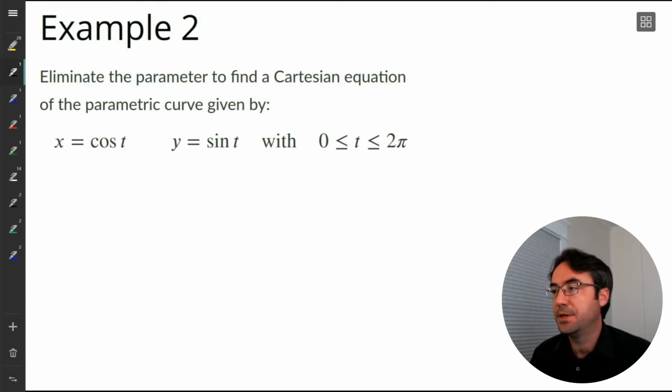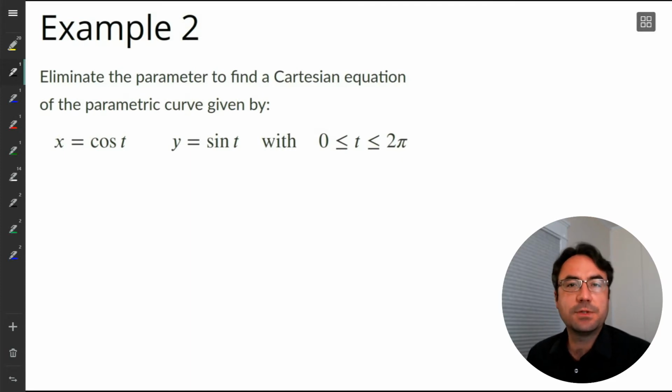For this eliminate the parameter, we saw last time, sometimes we can solve for t. That's the first thing we should think of. Technically we could do that here, but that's going to involve some inverse sine or cosine functions, and then we have to be careful of the t values when we use those.